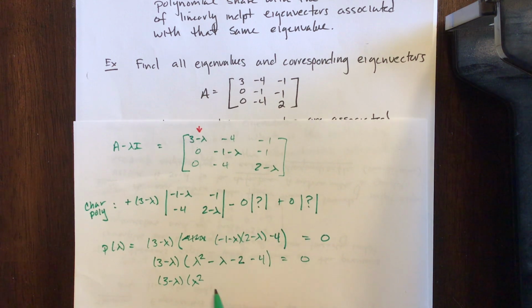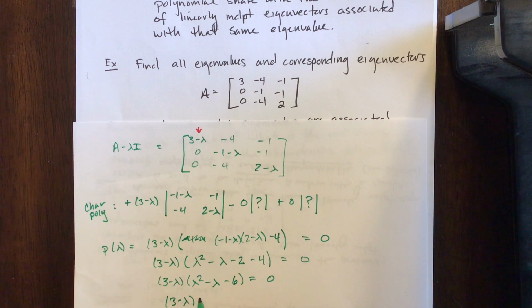So I get lambda squared minus lambda minus 6. There we go. So we get 3 minus lambda times lambda minus 3 times lambda plus 2 equals 0.